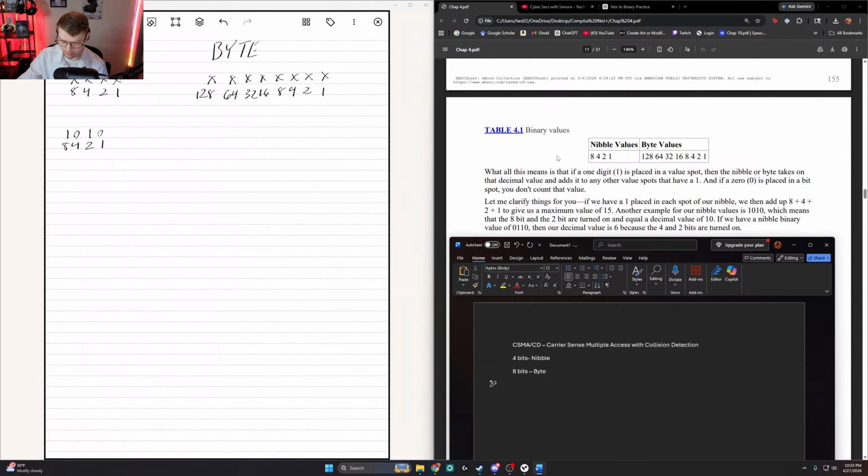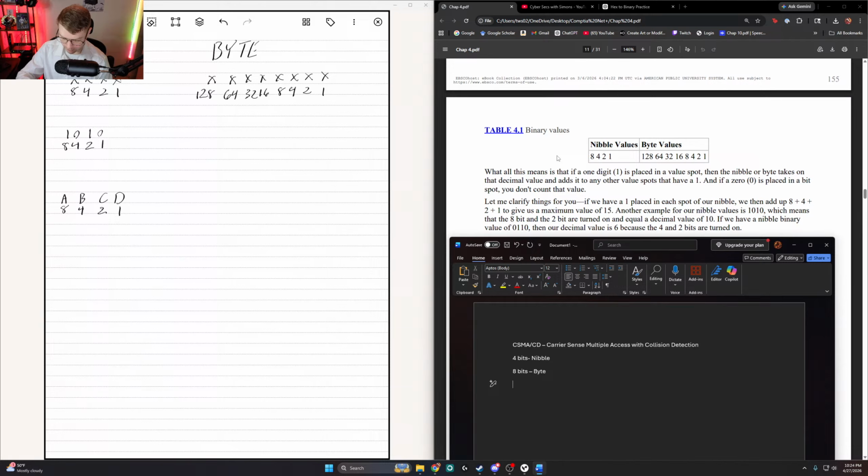So all we have to know is, let's just do this: A, B, C, and D. Make it a little bit easier, right? So A, its spot is always going to have the value of 8. B is always going to have the value of 4. C is always going to have the value of 2. And D is always going to have the value of 1.